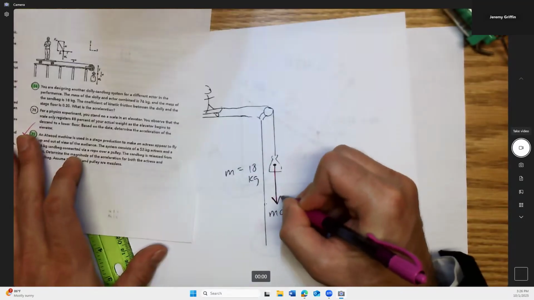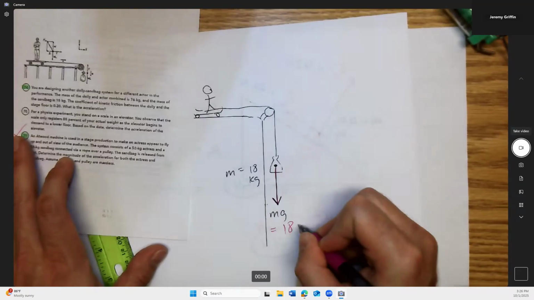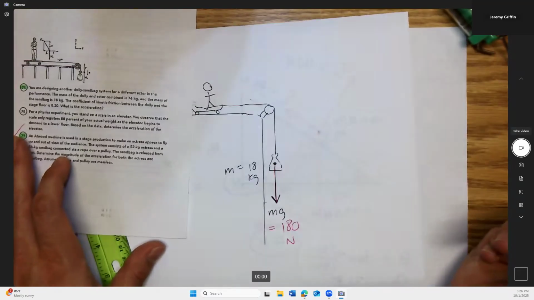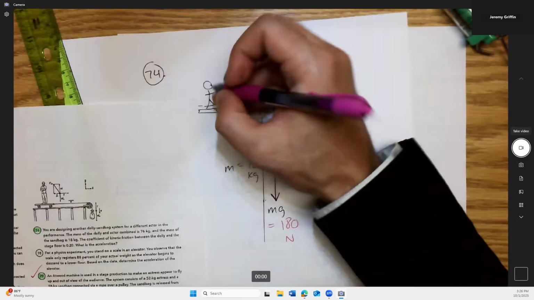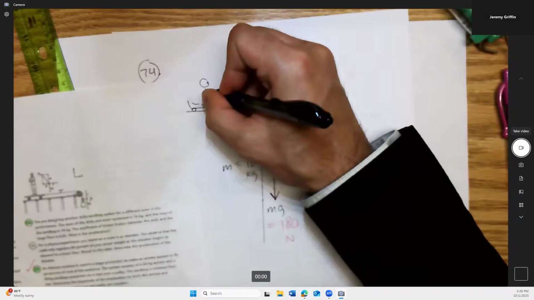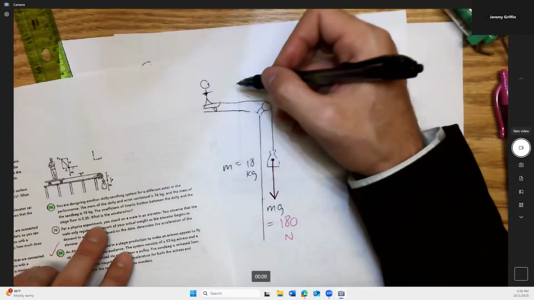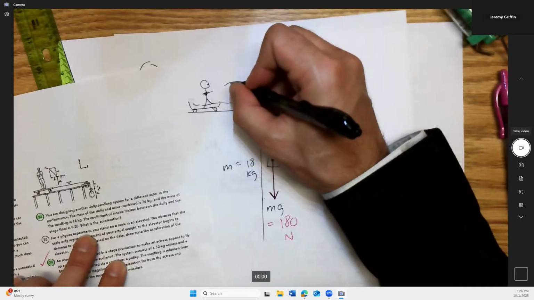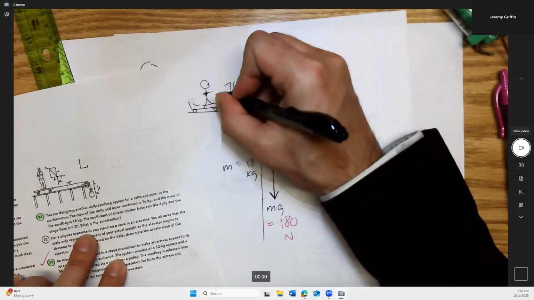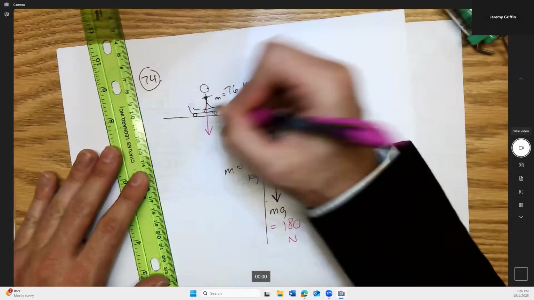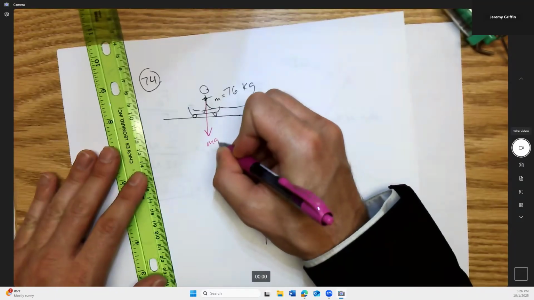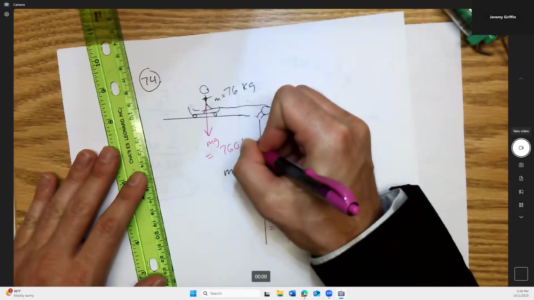About 180 newtons. Is that right? Because 18 times 10. And then they told you this whole system up here, dolly and actor, is 76 kilograms, 76 kg. So, guys, what's this combined weight up here? 760 newtons.